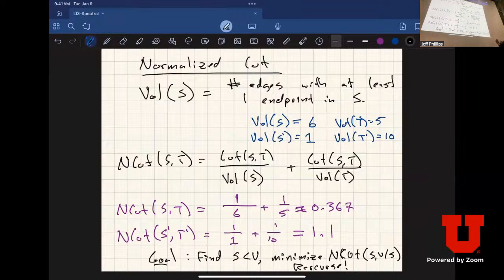This is kind of our clustering. Again, this is defined procedurally so far. I want to minimize normalized cut and then recursively do this until I'm satisfied.